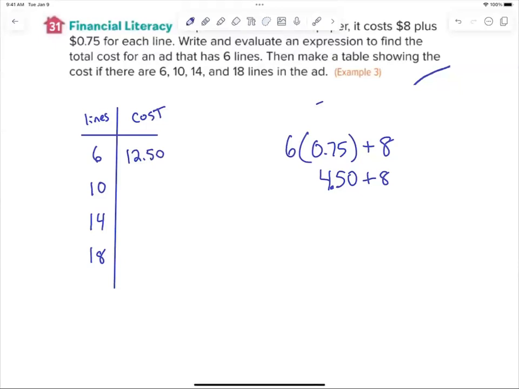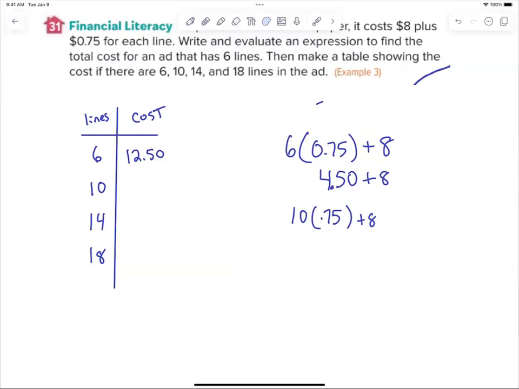All right. Now we're going to do it with 10 lines. So everybody do 10 times 0.75, and then plus 8. I need help with anytime you multiply by 10. Who remembers the rule for multiplying by 10? How many places do you move the decimal when you multiply by 10?